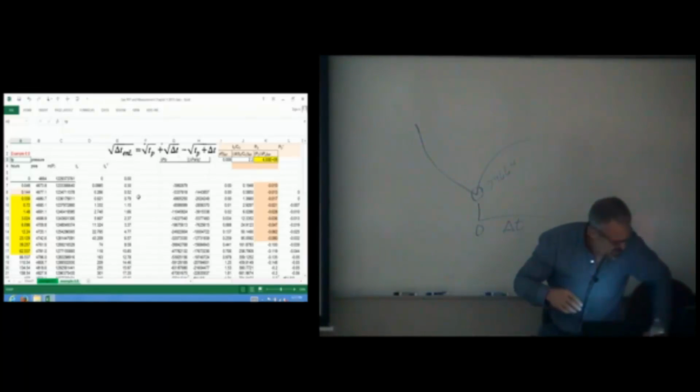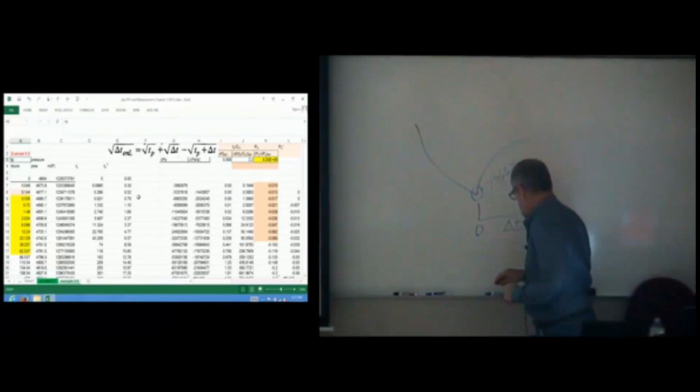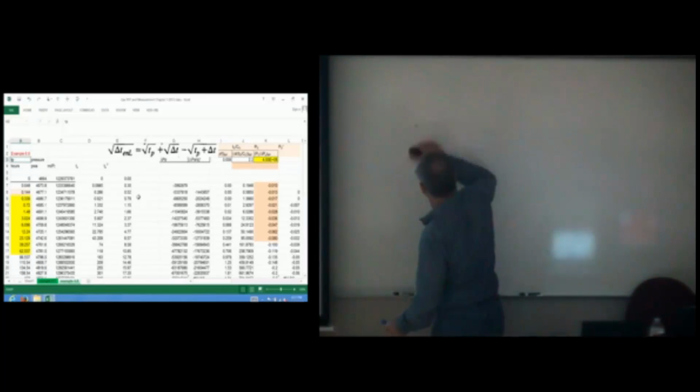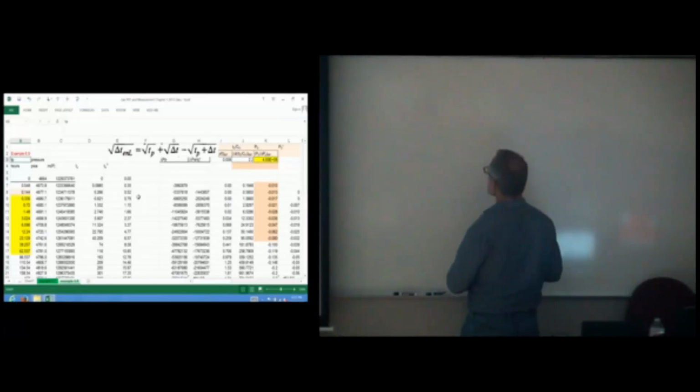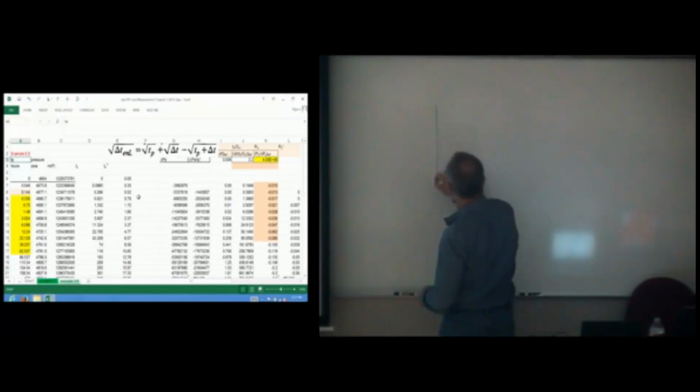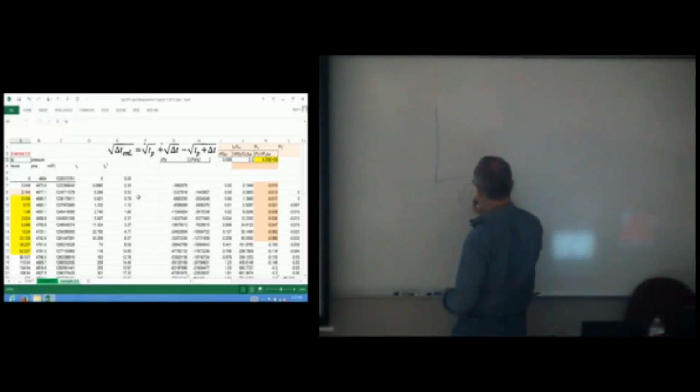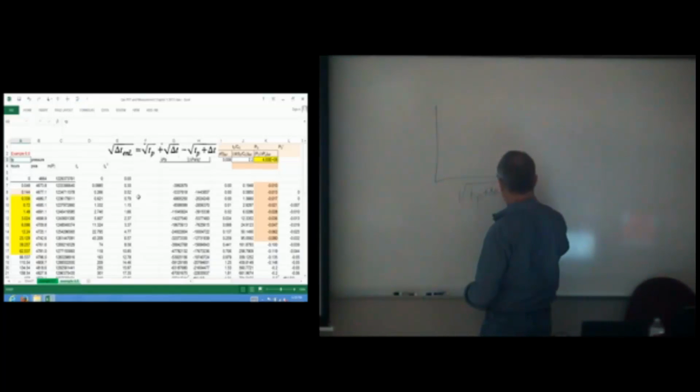I just never know how deep to go. I don't think this is in the book. This is called an MC plot.